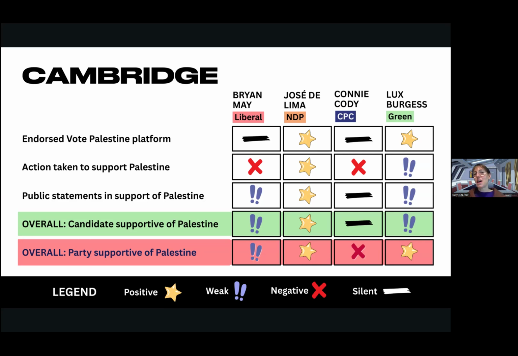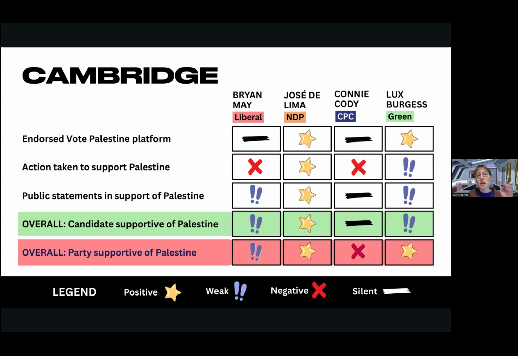They have more power being in parliament to make effective changes. We don't expect that someone who's never held public office is going to have the same level of opportunity. And so these are some of the conversations and deliberations that we had in putting together the scorecards. So let me talk a little bit here about Cambridge.